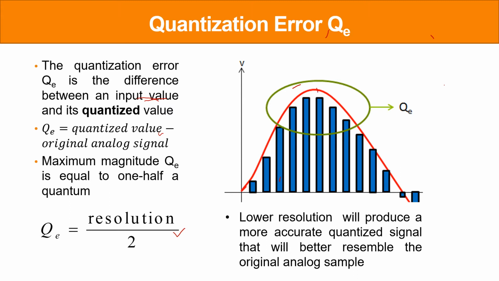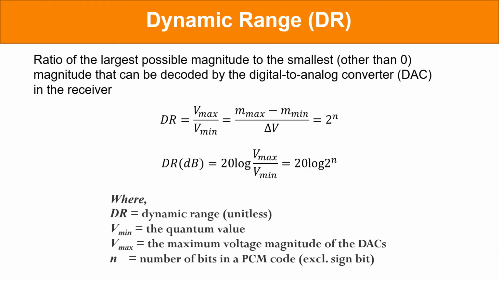So here we need to know the dynamic range, the ratio of the largest possible magnitude to the smallest non-zero magnitude that can be decoded by the digital to analog converter in the receiver. Here is the equation of dynamic range.